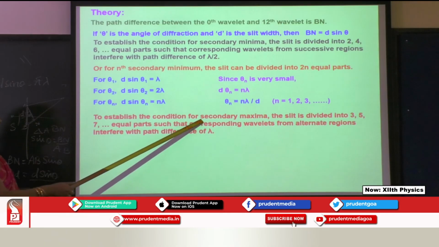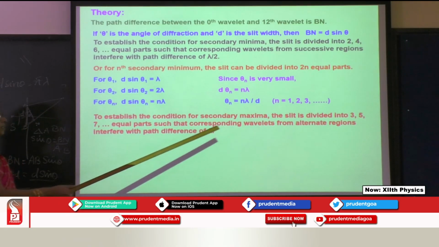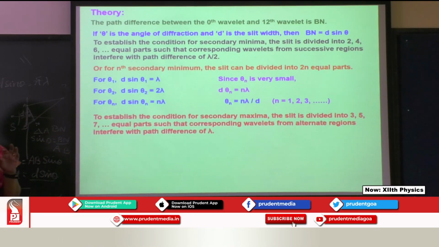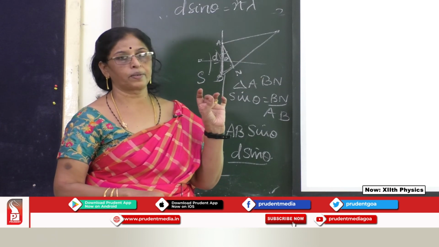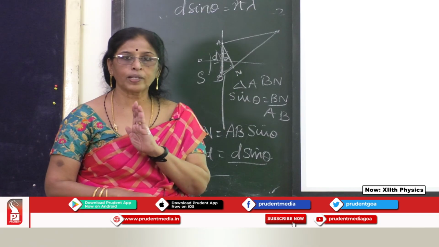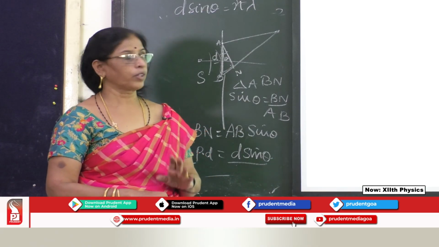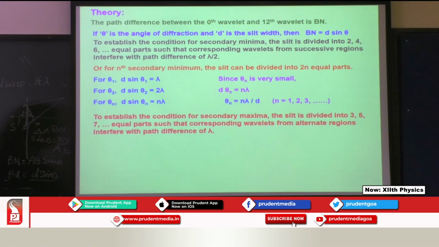To establish a condition for secondary minima, the slit is divided into how many parts? For maxima, it is divided into 3, 5, 7, and the intensity gradually decreases. Equal parts correspond to wavelets from alternate regions interfering with path difference lambda.